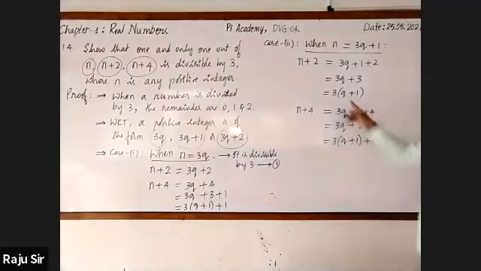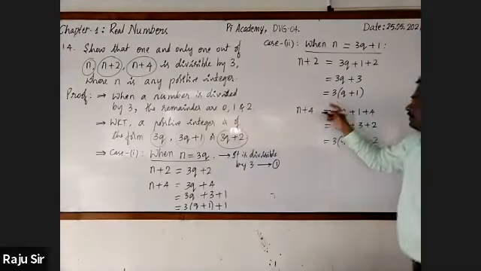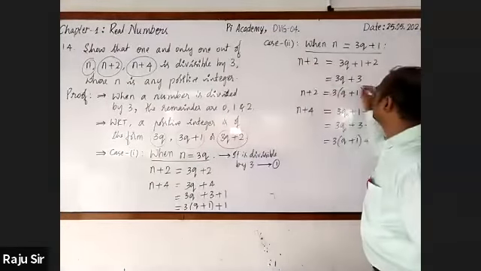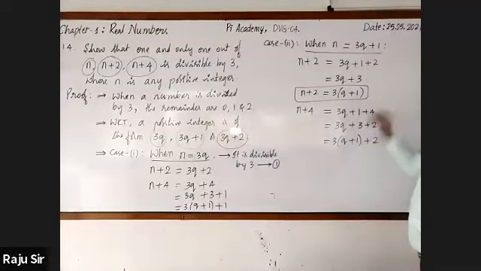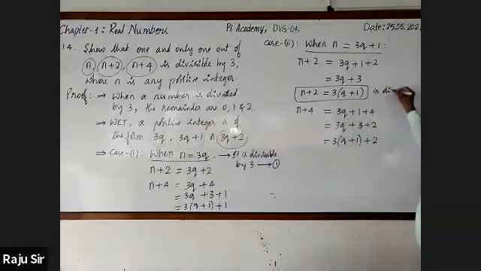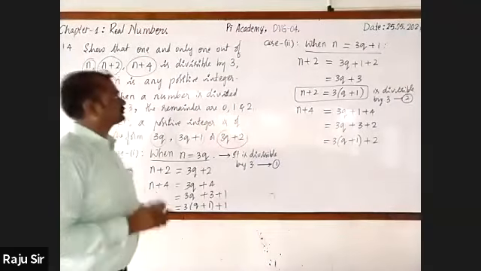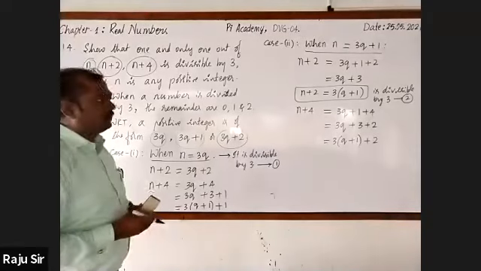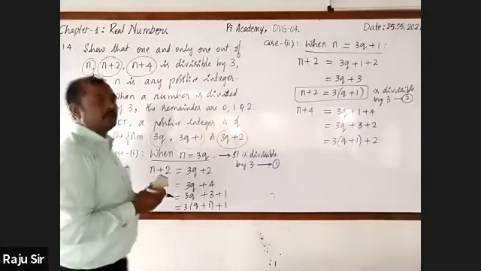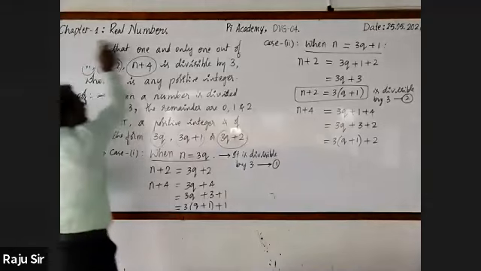Next, here, n plus 2 equal to 3q plus 3, which is 3 into q plus 1, is divisible by 3. Call it statement 2. Hope you have written. Now let's move on to the third case.